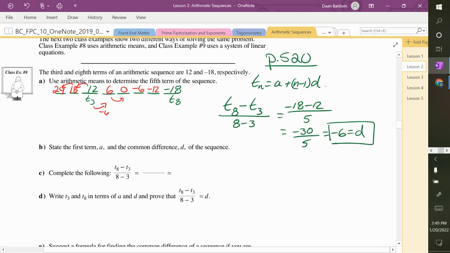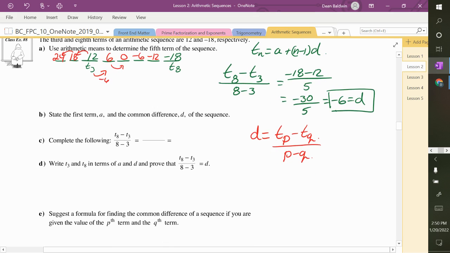So the way the formula is written is d is equal to T subscript p minus T subscript q over p minus q. And the p and the q are the term numbers.